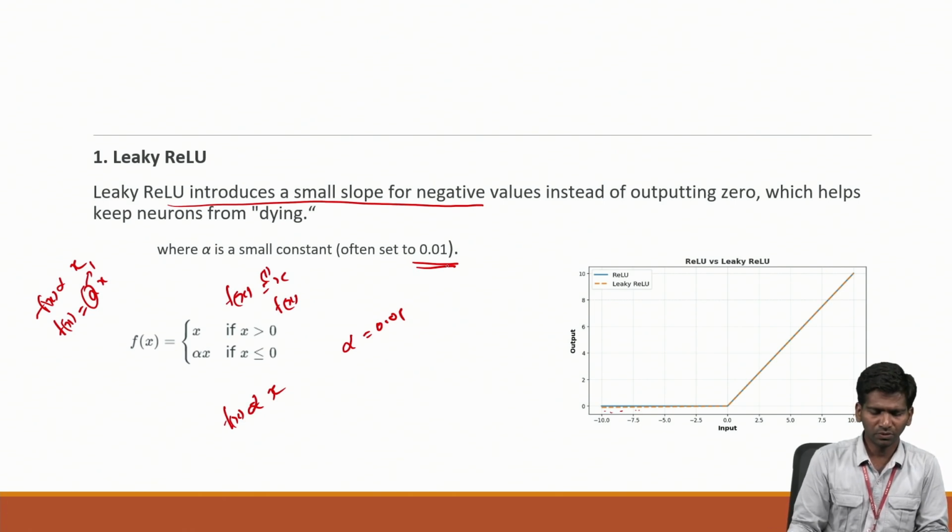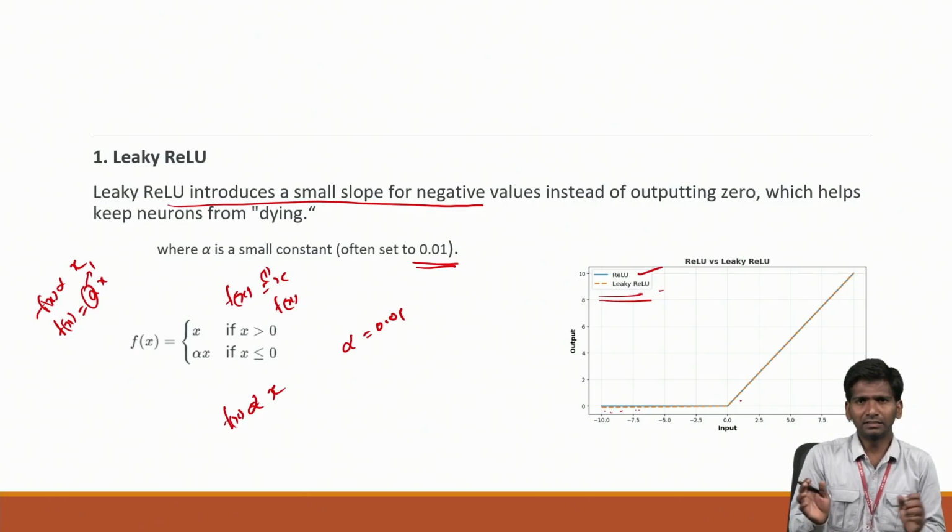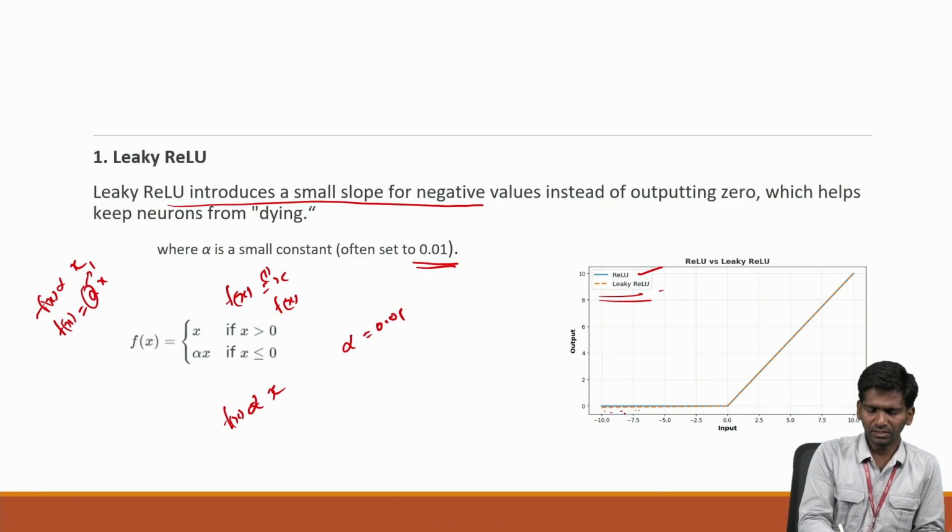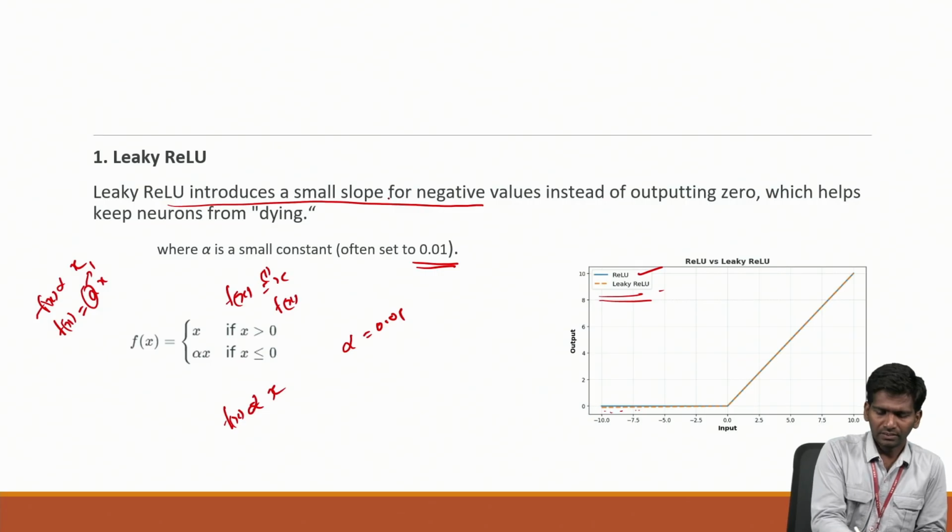If you plot it, it will look like this. You can see in the legend that the orange color represents leaky ReLU and the blue color represents ReLU. They are just overlapping. Spot the difference here: there is a slight variation, which is nothing but 0.01, the slope for the negative values instead of putting 0.